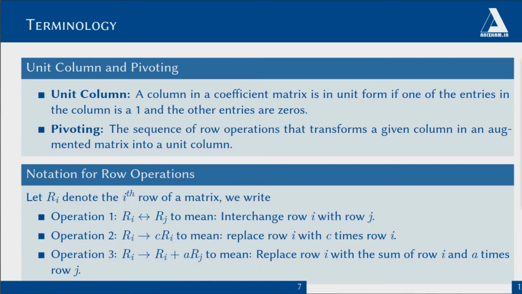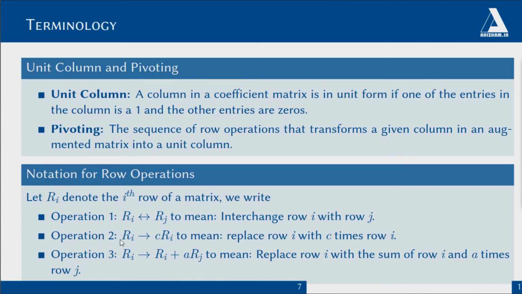Now the notation that is commonly used for row operations. Let Ri denote the ith row of a matrix. Then we can write operation 1, that is interchanging two rows, as Ri interchanged with Rj, to mean interchange row i with row j.